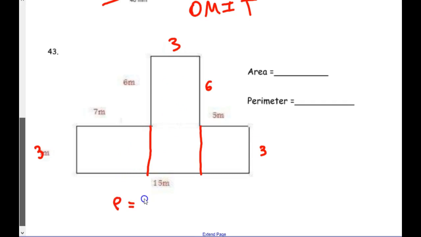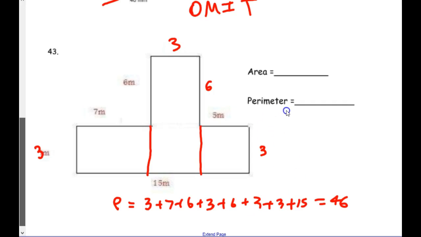P equals 3 plus 7 plus 6 plus 3 plus 6 plus 3 plus 3 plus 15. And we get 19, 25, 28, 31, 46. Okay, so we get 19, 25, 28, 31, 46, yeah. So 46 meters.